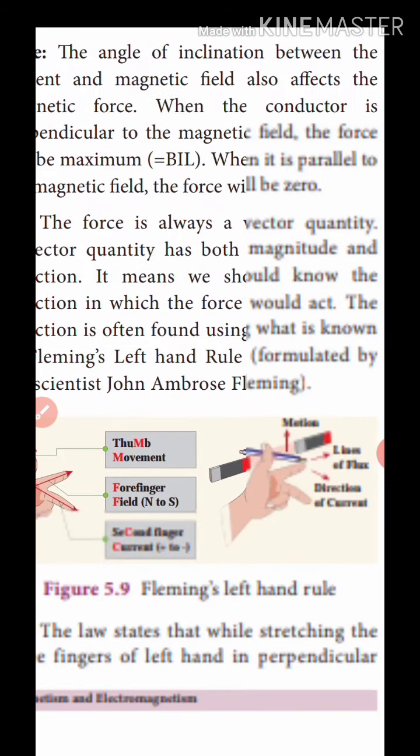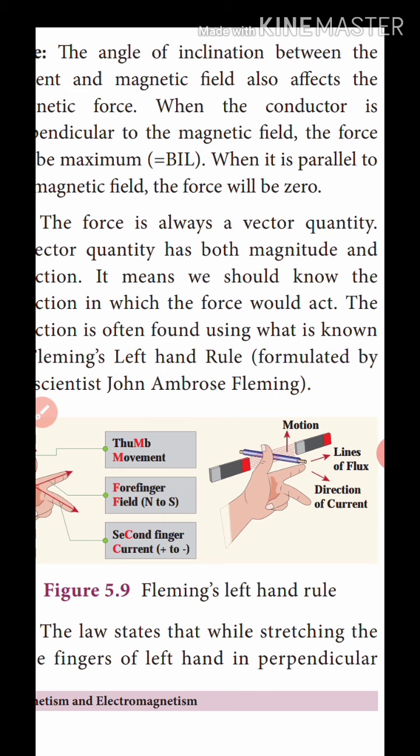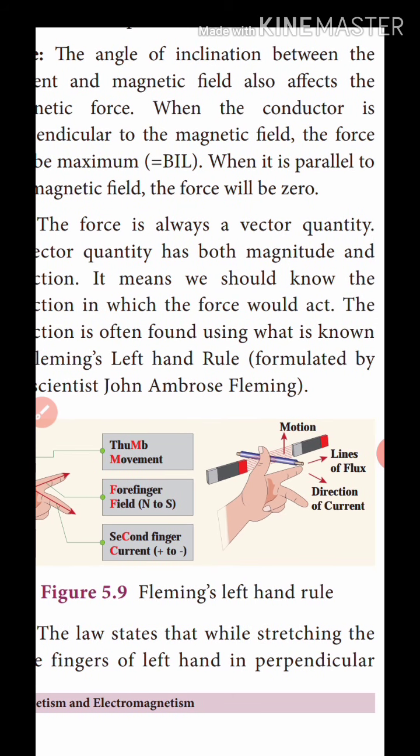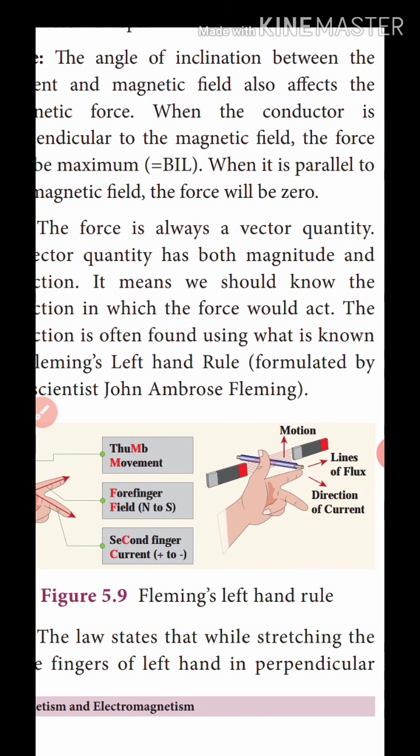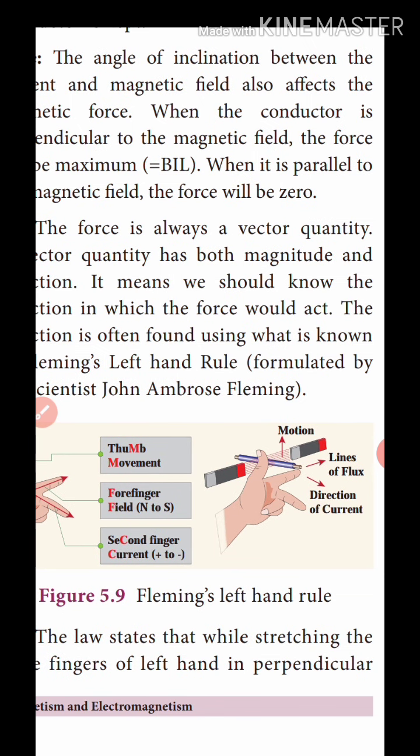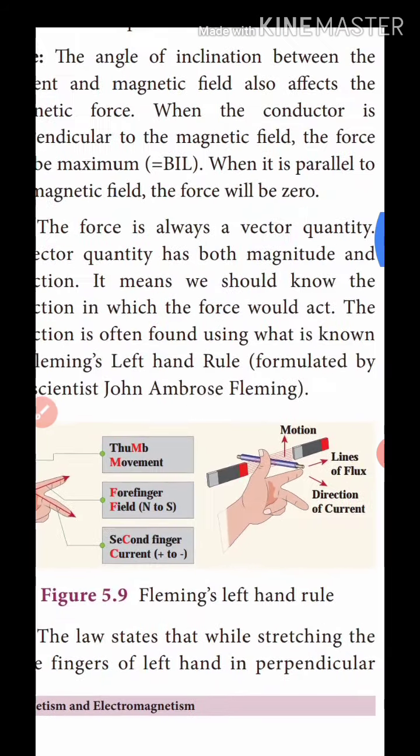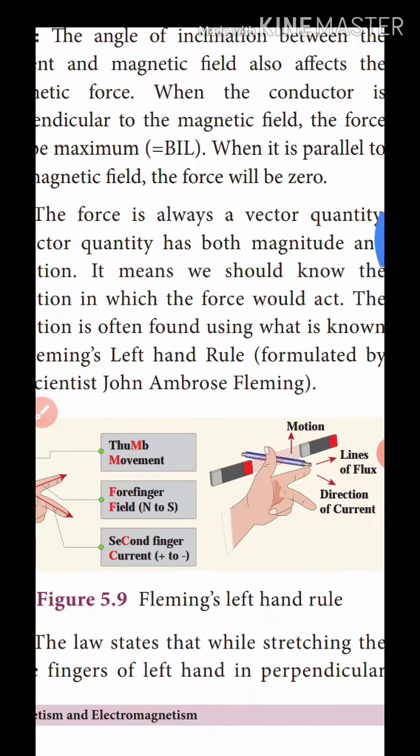The law states that while stretching the three fingers of the left hand perpendicular to each other, if the direction of the current is denoted by the middle finger and the second finger is for the direction of the magnetic field, then the thumb denotes the direction of the force or movement of the conductor.